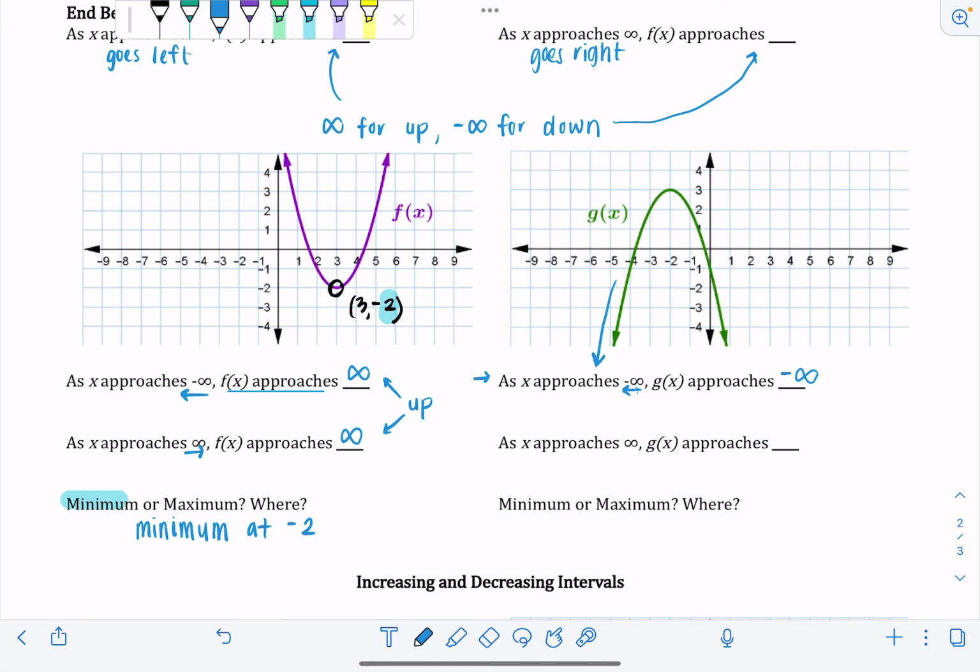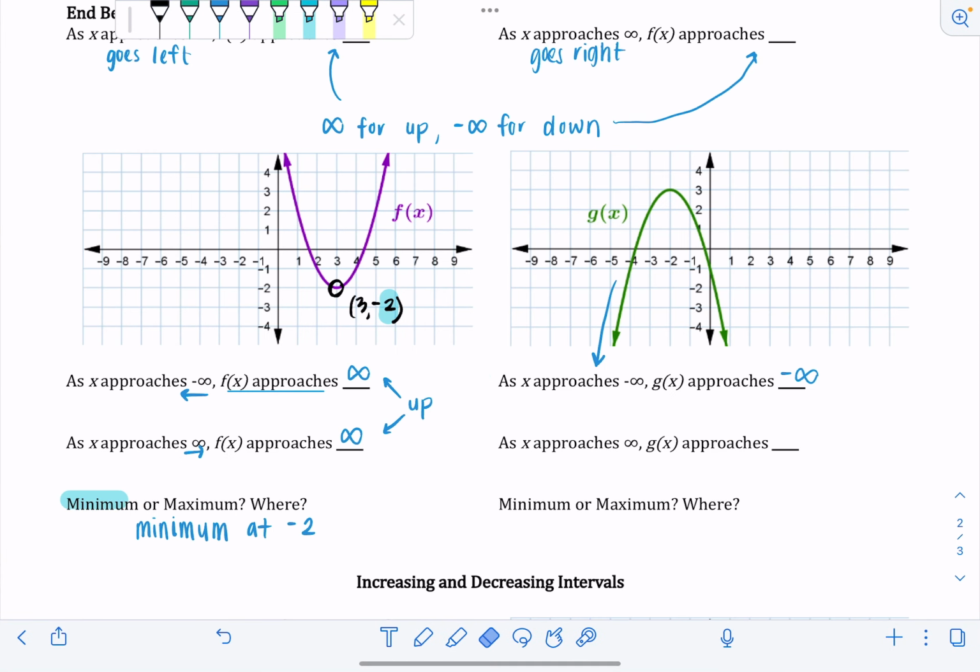And then on the next line, this was left, and on the next line, as x approaches positive infinity, that just means the x values are getting bigger, so the graph is going to the right. So on the right side of this graph, it's finishing going down on that side also, so g of x approaches negative infinity.